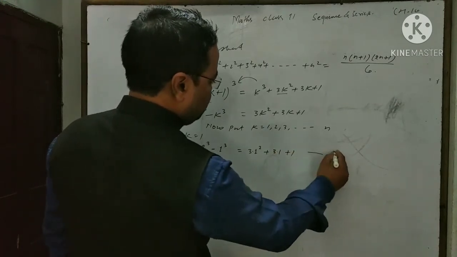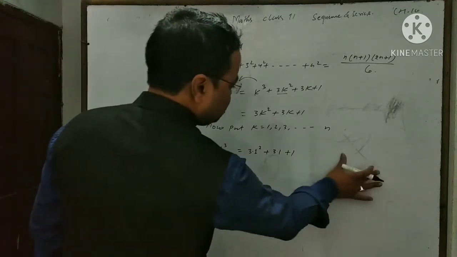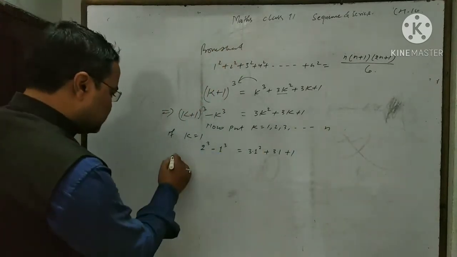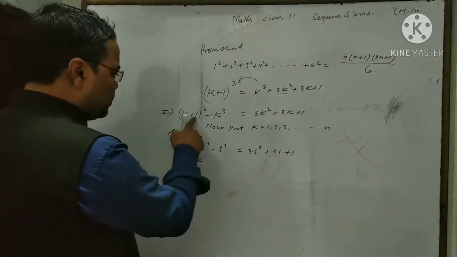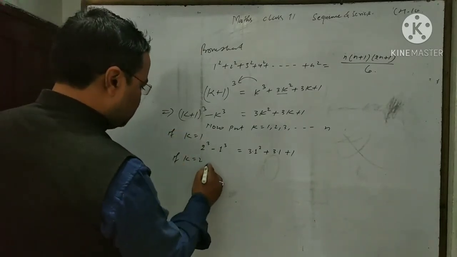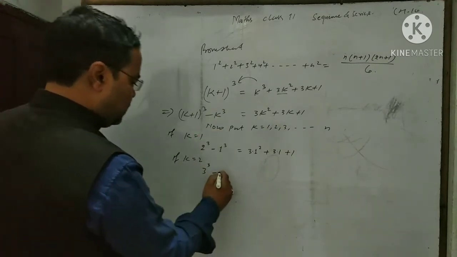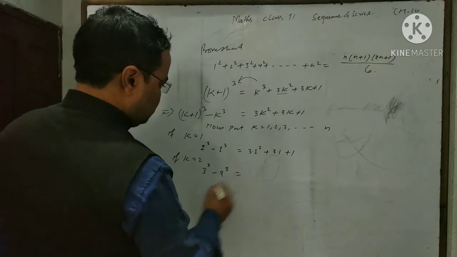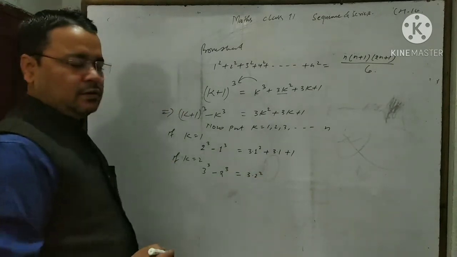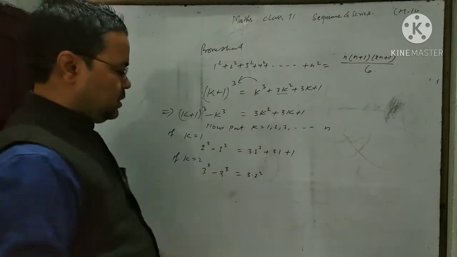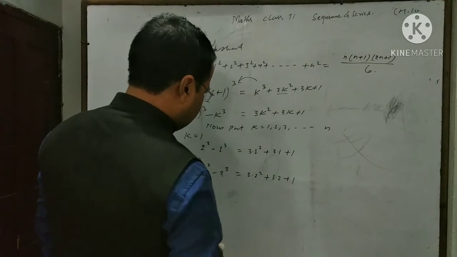Let this be 1. Okay, no need to write equation simply. If k is equal to 2, then 2 plus 1 will be 3, and it will be 3 cube minus 2 cube is equal to 3 into 2 square plus 3 into 2 plus 1.